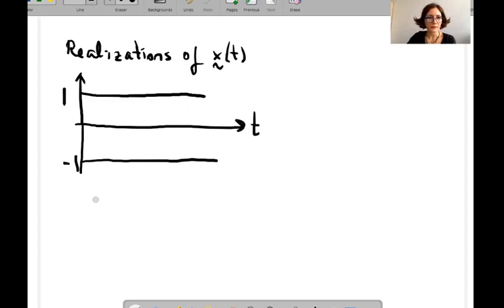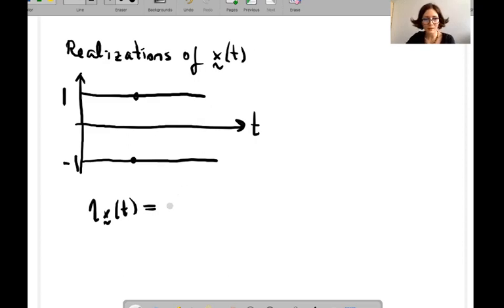So let's look at the mean function of our random process x of t. What is the mean function of this random process? Well, at any t, the random variable x of t is A, so it's either -1 or +1. So obviously the expectation of this random variable is 0. And if you do it for all t, you will identically get a function equal to 0.